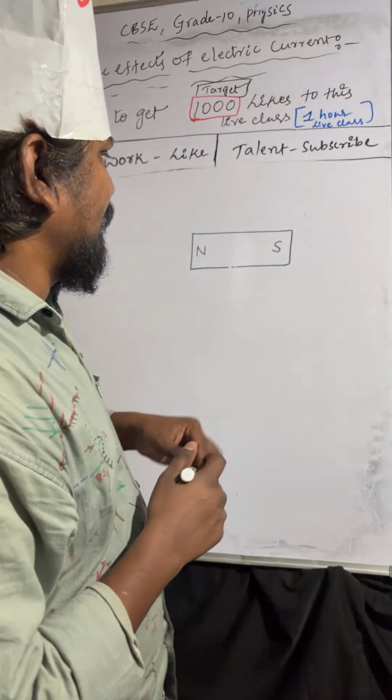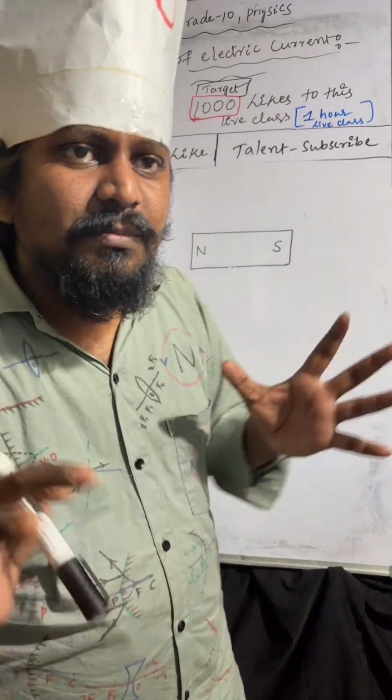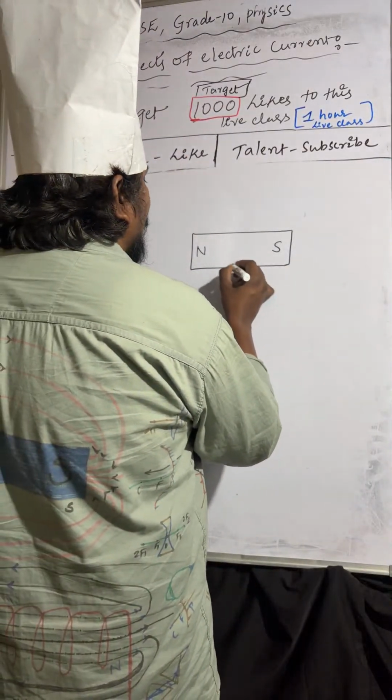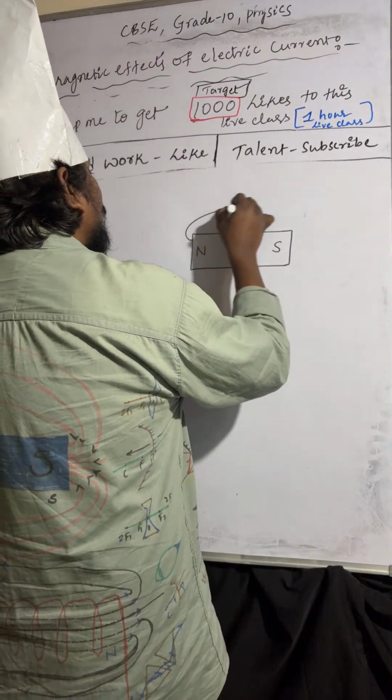Now you can see this is the bar magnet, and the magnetic field lines go from north to south.